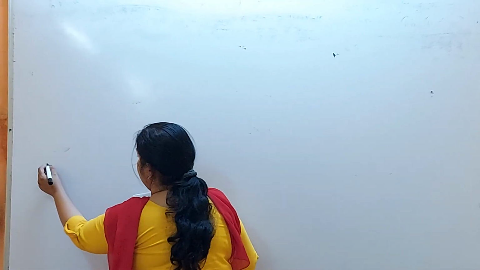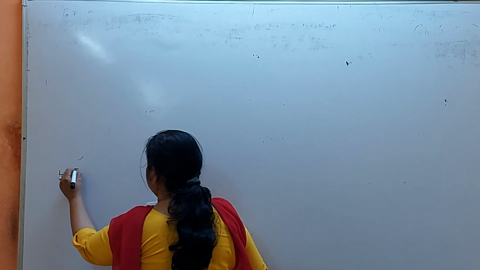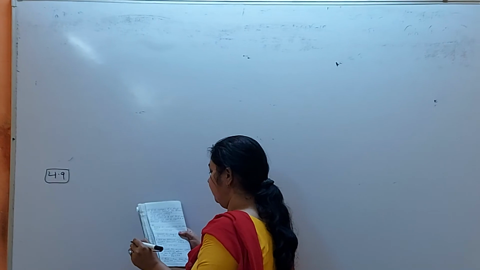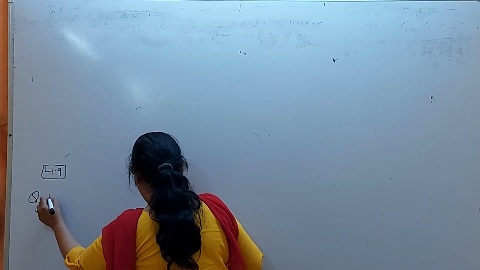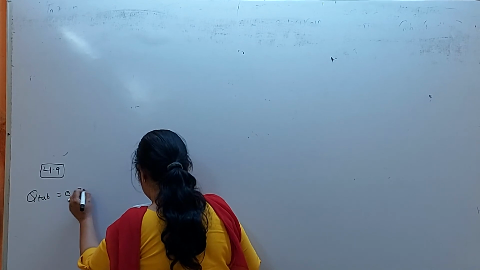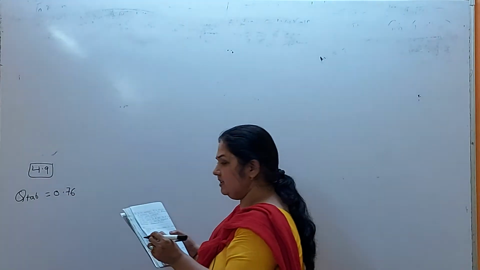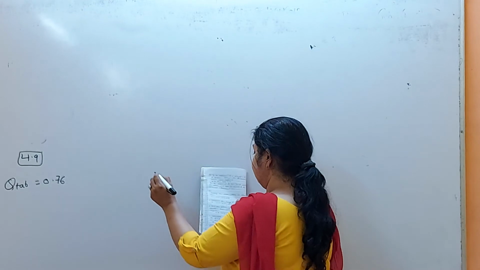On the basis of the Q test, find whether the value 4.9, the doubtful value, can be rejected or retained. Q tabulated is given to us; it is 0.76.